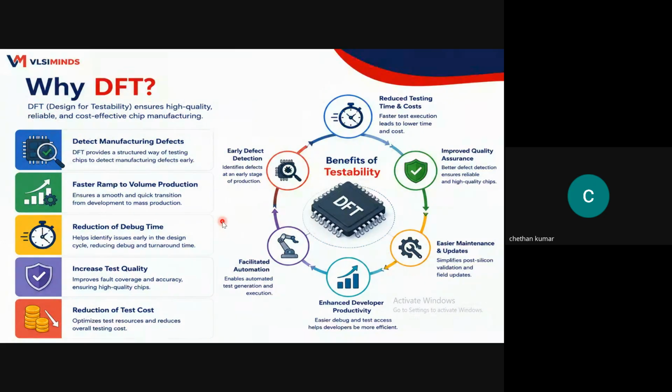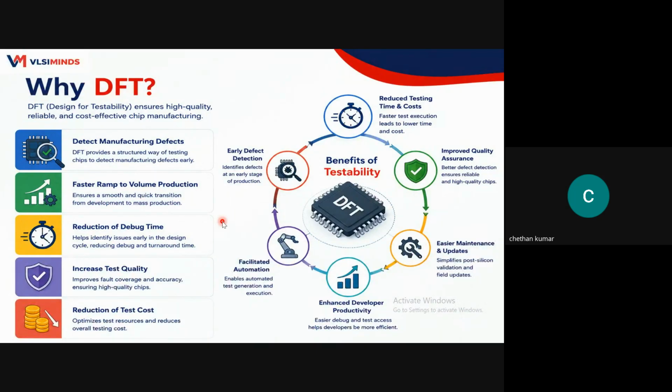Then there is the reduction of test cost. Usually the cost is involved in two parameters: one is test time and the other is test data volume. Test time is nothing but, whenever we want to test the chip, there is equipment called automatic test equipment. The cost of that equipment is very, very high. Even to test the chip on the ATE for seconds or minutes, we need to pay a lot of money.